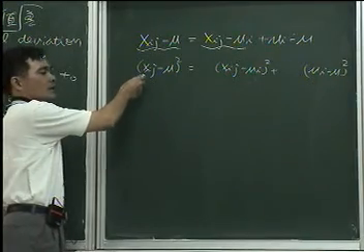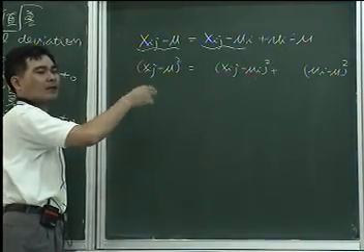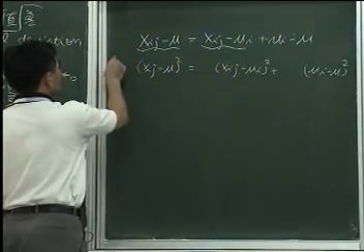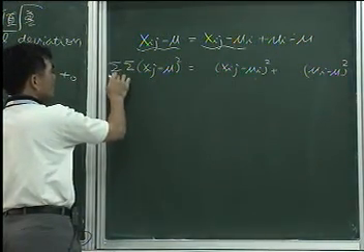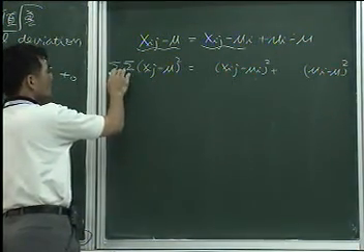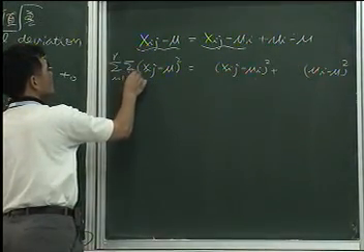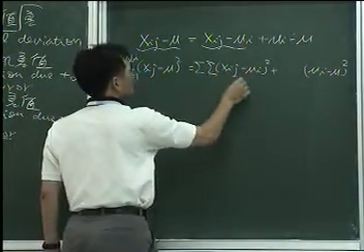But for each case, you only add 1, and you want to add the whole thing, every product in this population. So you have to have two summations. This one is over the machines, i from 1 to r, and this is j from 1 to n_i. The same thing here.